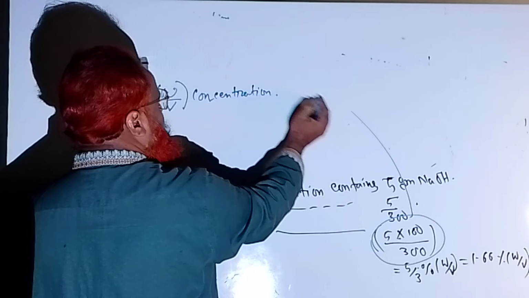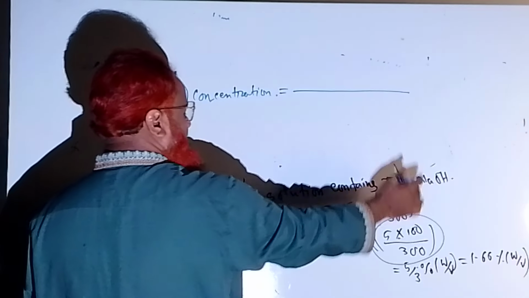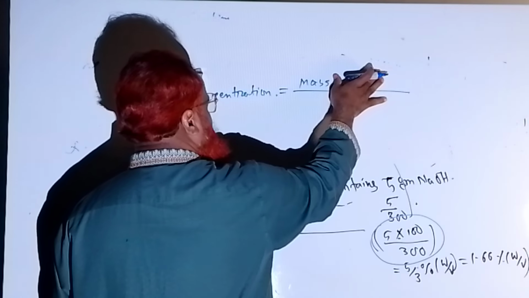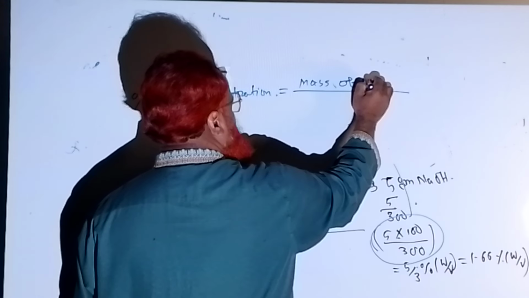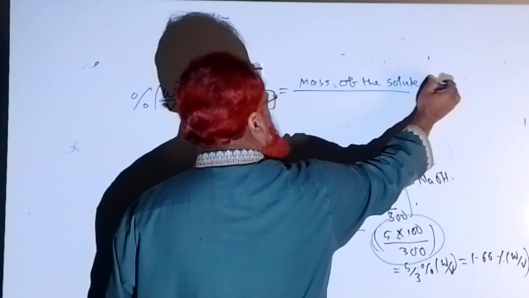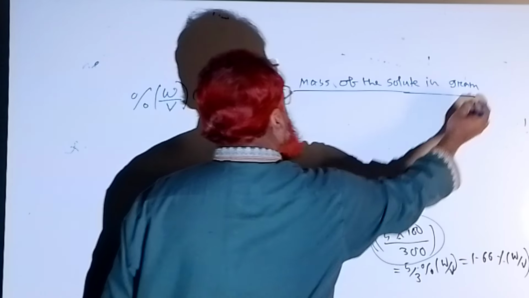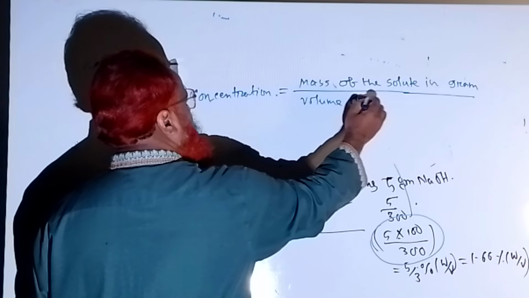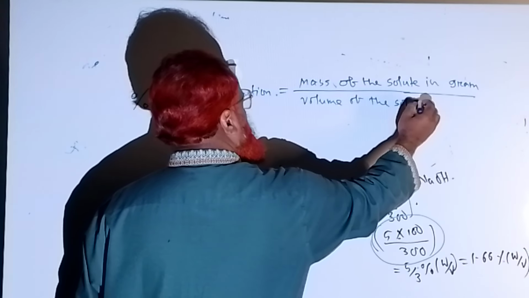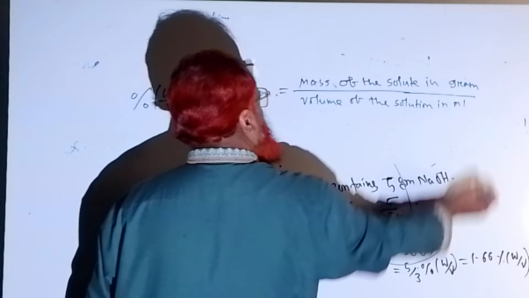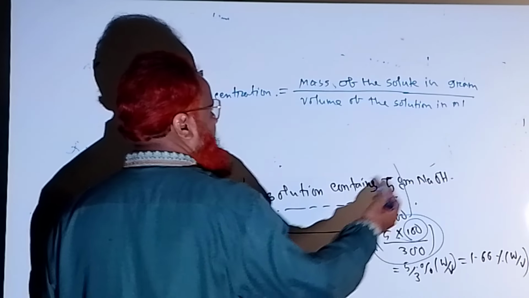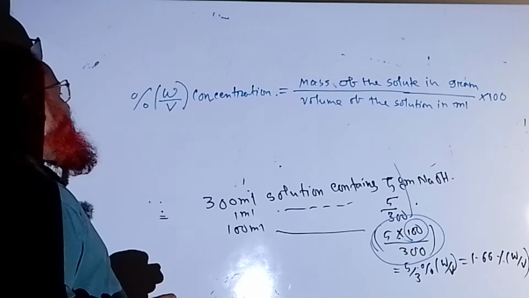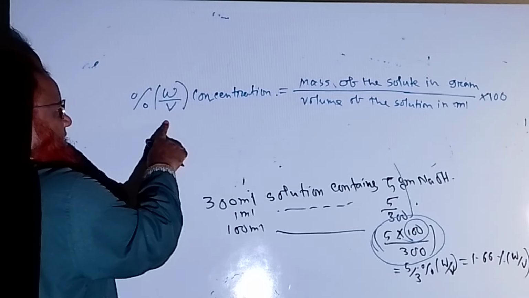Percentage concentration equals mass of the solute in gram, divided by volume of the solution in ml, multiplied by 100. We can write here 100 or 10 square, whatever. So this is the percentage concentration, W by V.